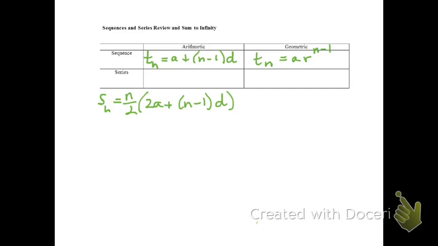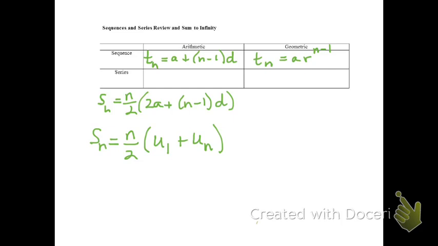If we didn't, but we knew the first and last term, then we had our other formula, which was S subscript n equals n divided by 2, and then what we were doing was adding our first term and our last term.